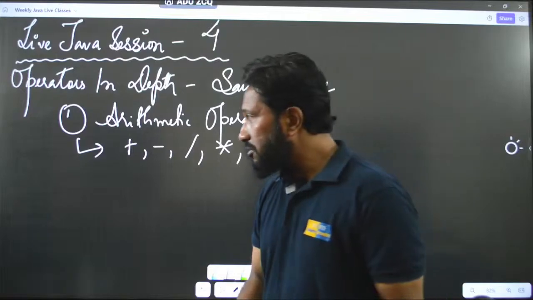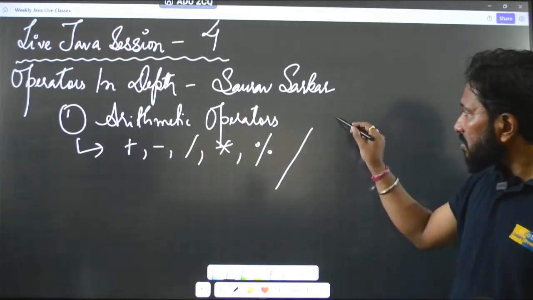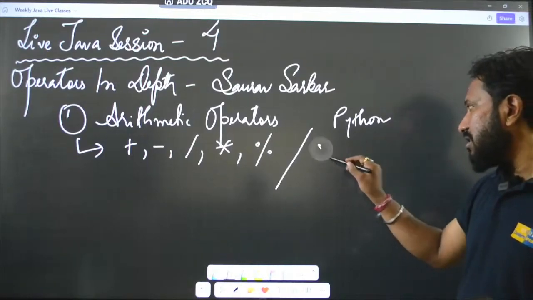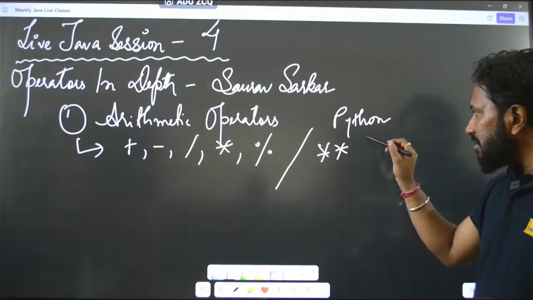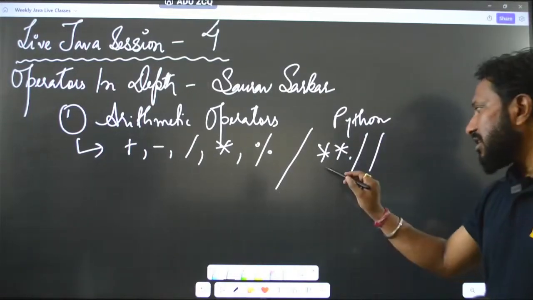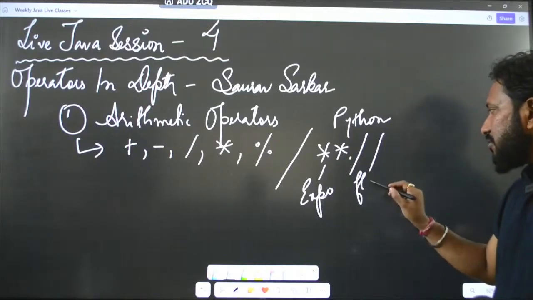I also told you that in Python we have 2 extra, which is the exponent, and we have one more, that is our double division or floor division. This is the exponent and this is the floor division.